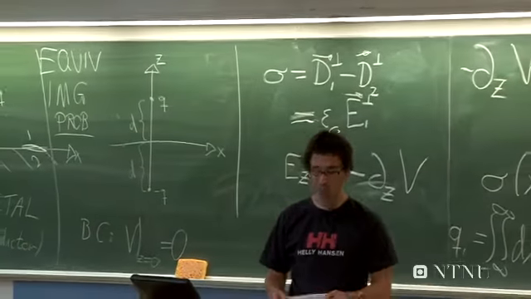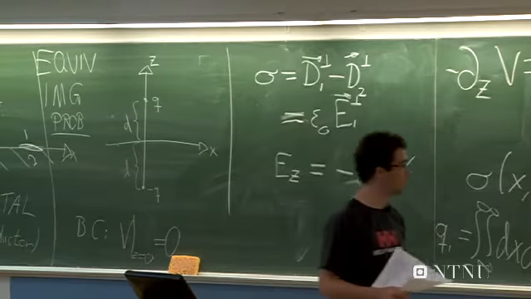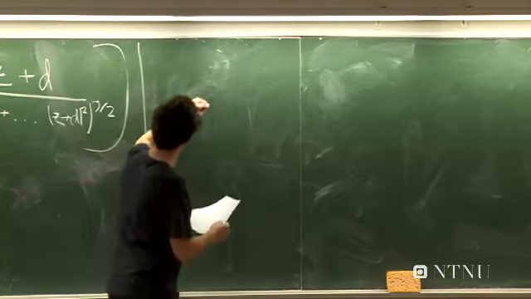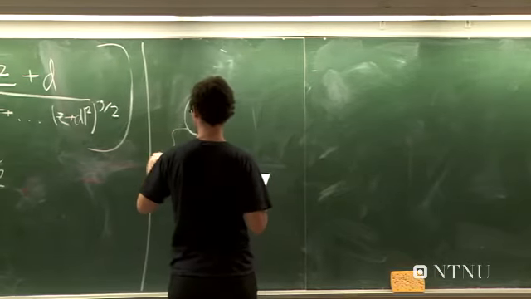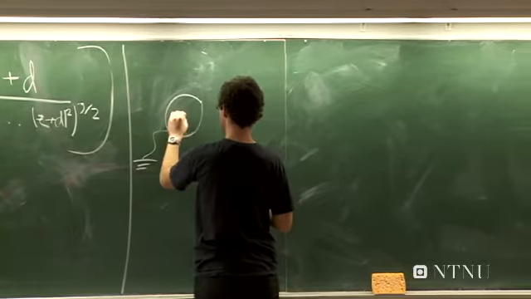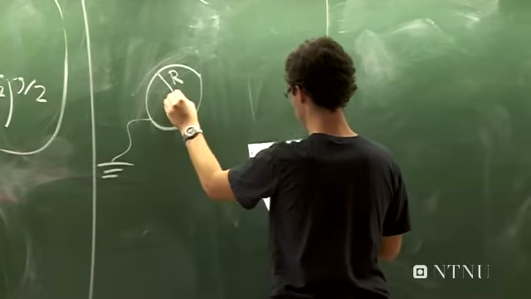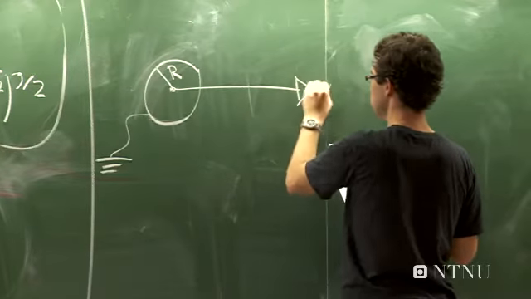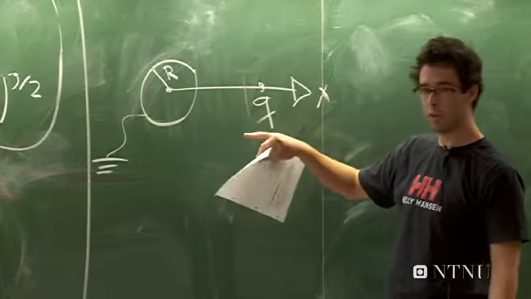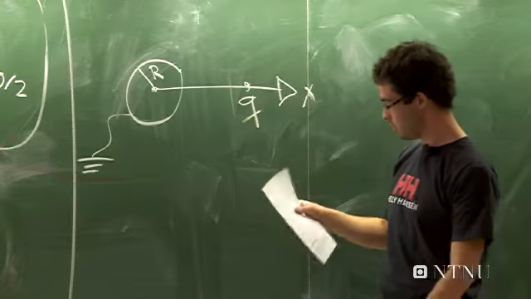Okay, so now we're going to have a brief look at a different example, which is a point charge near a grounded sphere. So there's a grounded metal sphere here, or at least a conducting sphere, and there's a point charge here at a distance a.